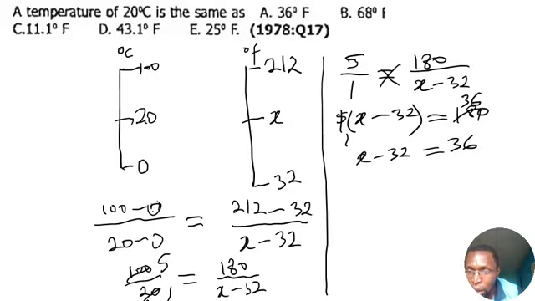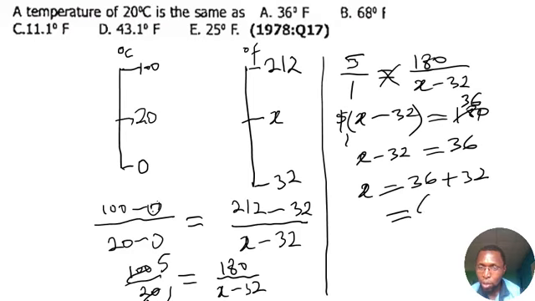Collecting like terms, we have x equal to 36 plus 32, and this gives us 68.